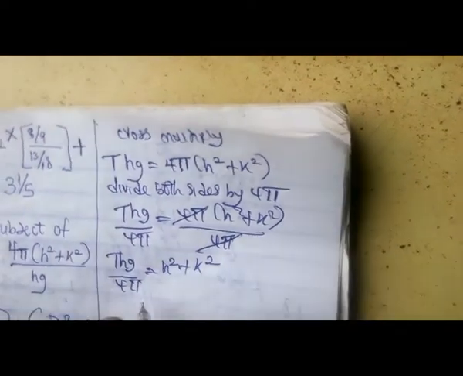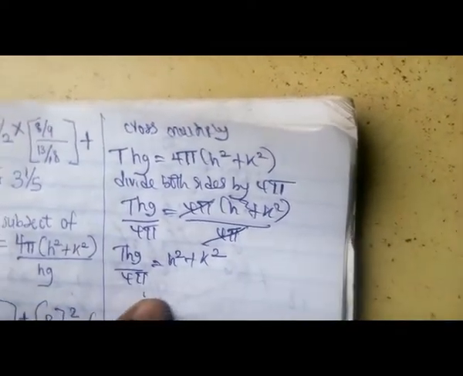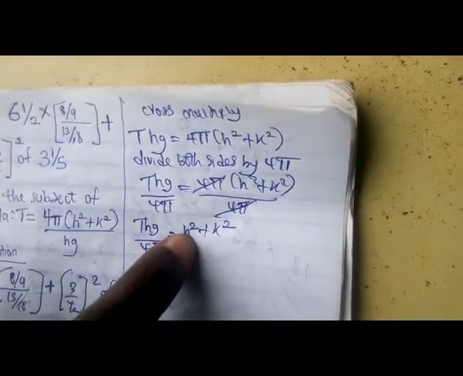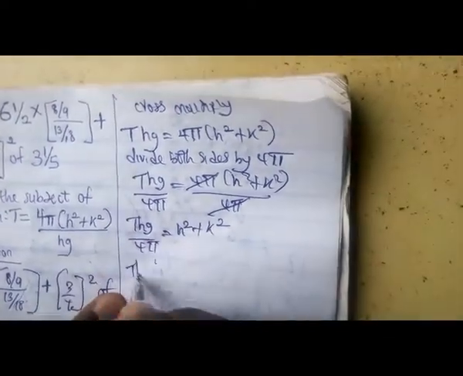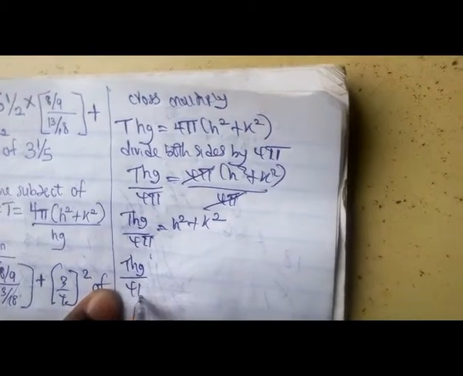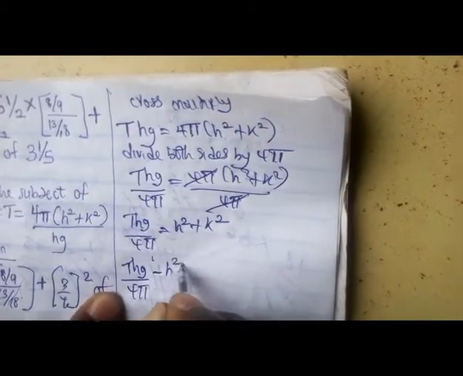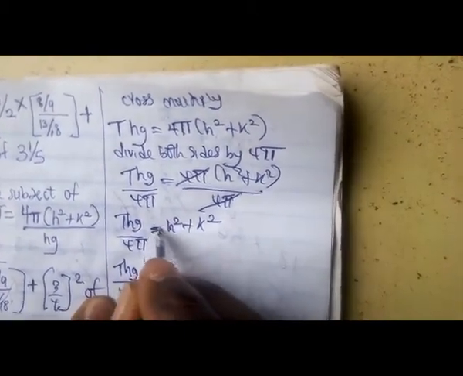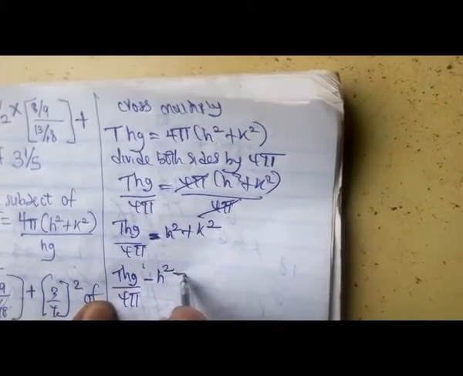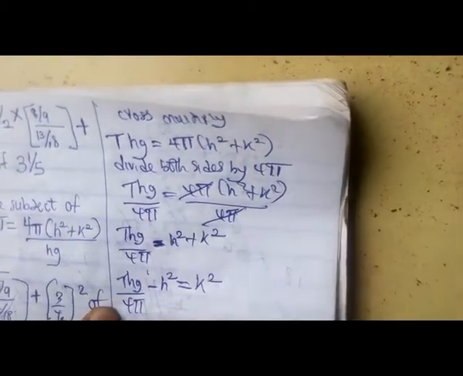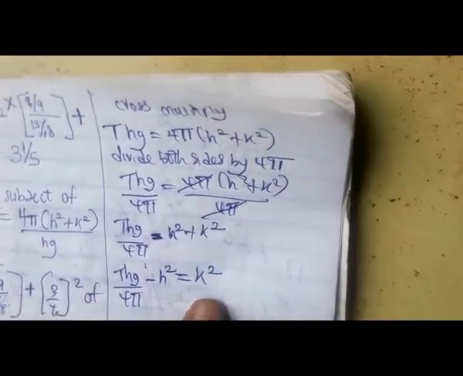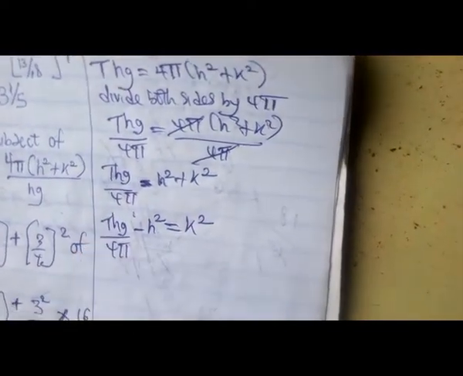Then I collect like terms now. I'm going to carry this a square to the other side. So THG over 4 pi minus a square equals k square, since once you cross it, it becomes minus a square. Then to remove this square on top of k, I'll bring this square to the other side. It will become square root.